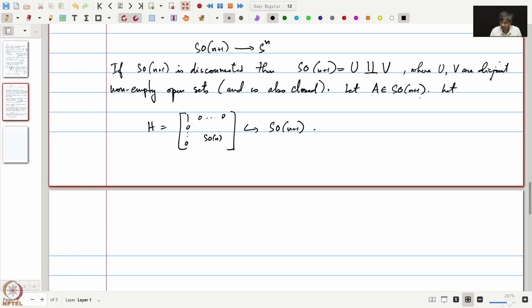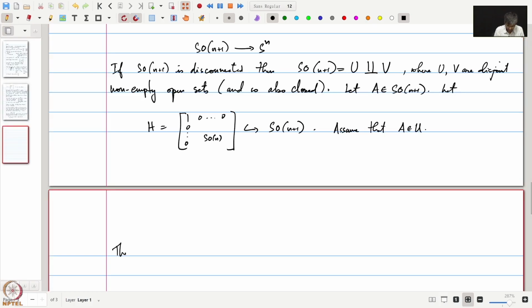So A is in SO(n+1), so A is either in U or it's in V. So assume that A belongs to U, right. So then we can take this subset AH and we can write it as AH intersected with U disjoint union AH intersected with V, right.